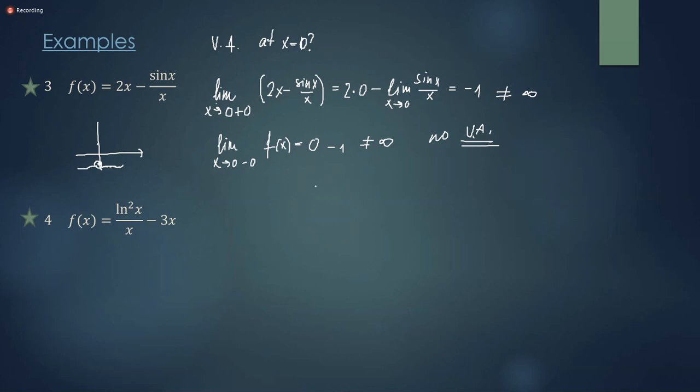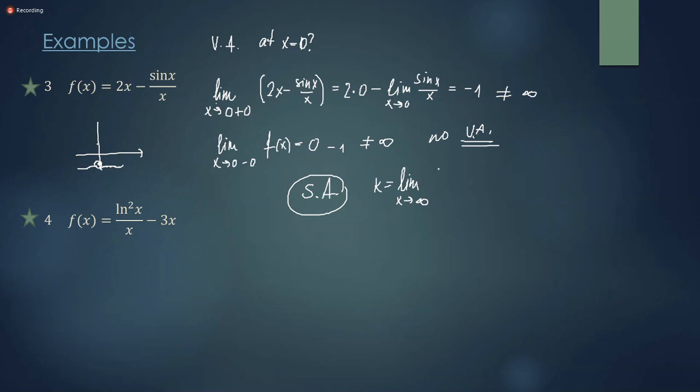So the slant asymptote, on the other hand, let's check the slant asymptote. What happens to that? So k, if it exists, when x tends to infinity. The vertical asymptote is the only asymptote where x tends to a number. For slant and horizontal asymptotes, x actually tends to infinity.